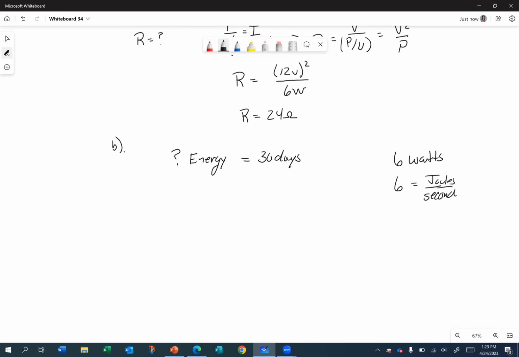So this is all dimensional analysis. How much energy is equal to 6 joules per second. Right, so we want energy given in 30 days. So we want to leave the energy of 6 joules and convert seconds to days. So we do know there's 3,600 seconds in one day.